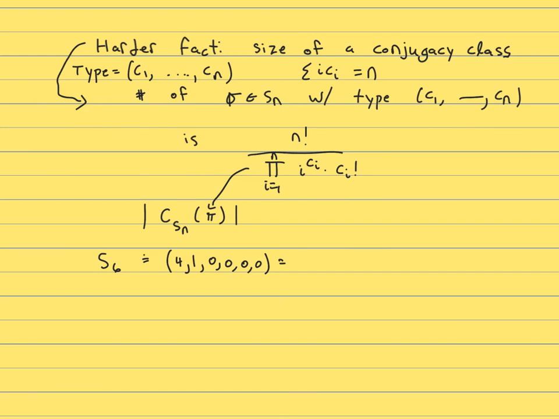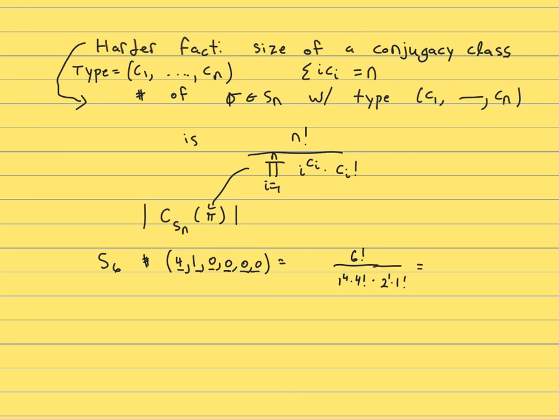The number of such permutations of this type is 6 factorial over, let's do it carefully. The zeros don't actually matter, so the only two terms are the first one, 1 to the 4th power times 4 factorial, and the other term is 2 to the 1st power times 1 factorial.